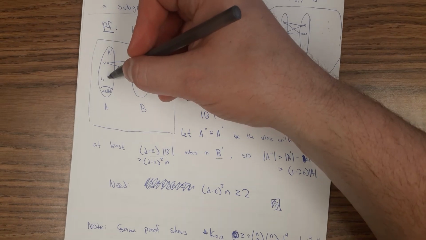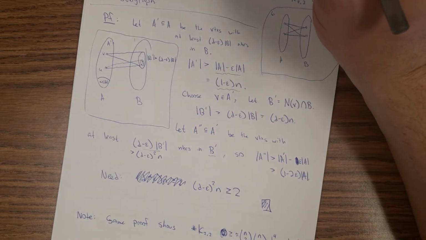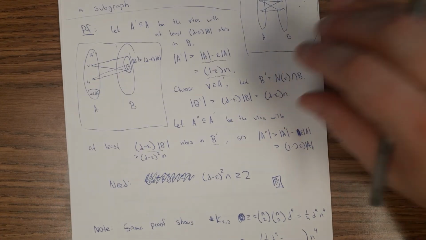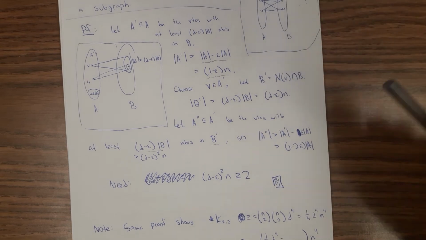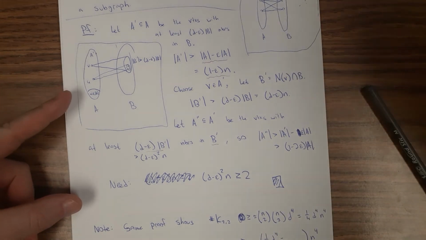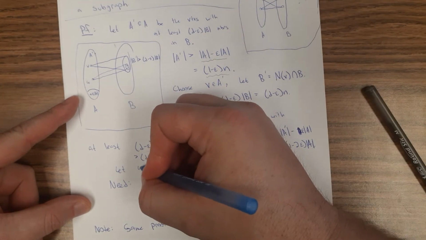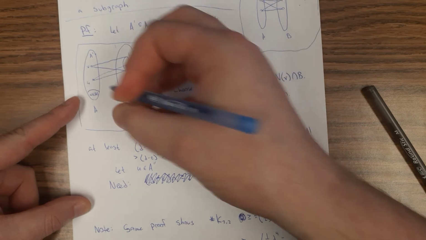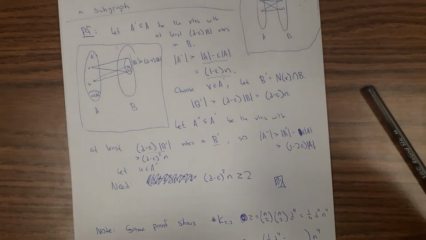As long as U is adjacent to two vertices in B prime, then I'm done. Oh, and by the way, I forgot to say this: U is just an arbitrary vertex in A double prime, in case that wasn't clear.